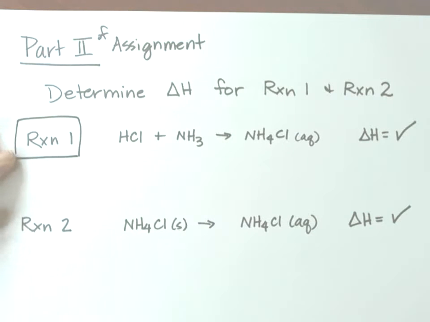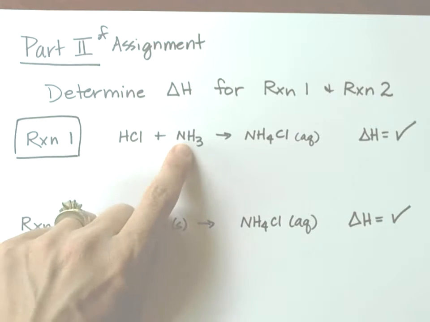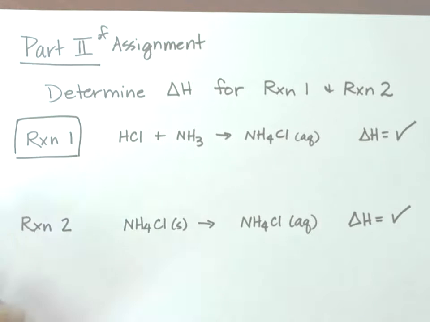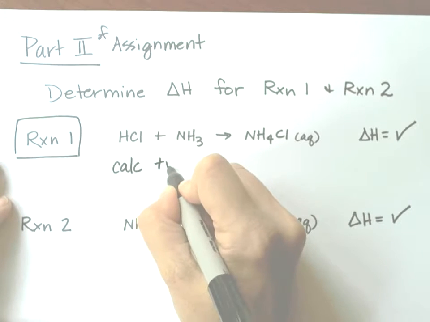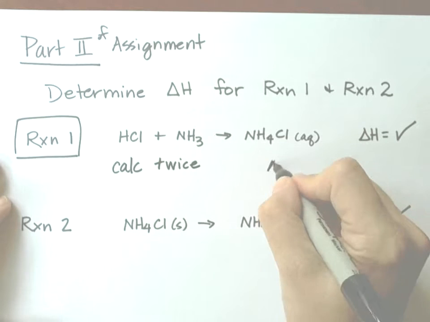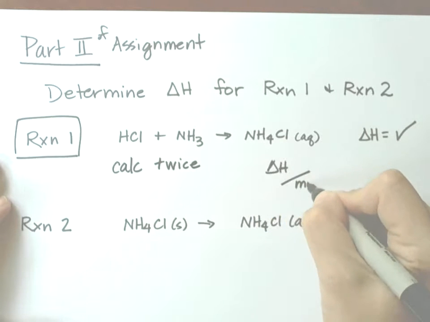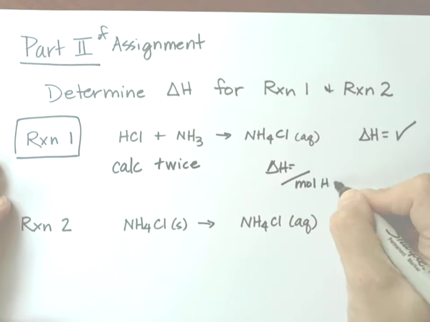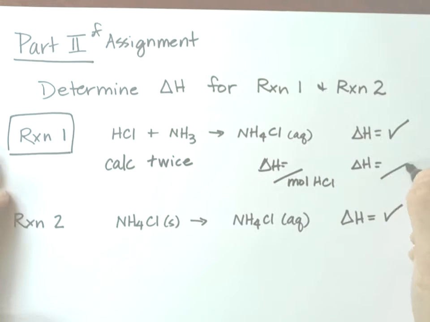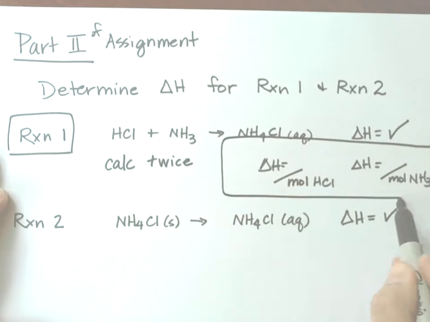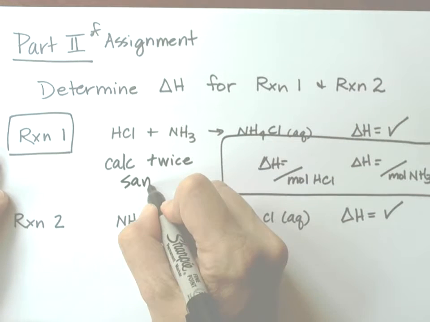I wanted to make a couple comments here because I think it's a little confusing when you're doing the calculations for this reaction where you did the acid plus ammonia. You basically do these calculations twice. One time you find the delta H per mole of HCl, and the next time you do the calculation you find the delta H per mole of ammonia. But as it turns out, the way the lab is set up, these two values turn out to be the same.